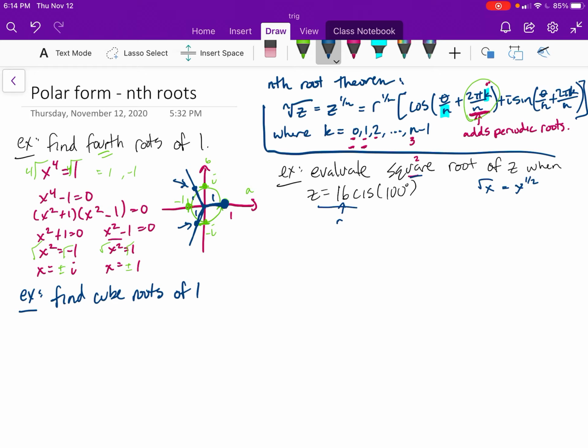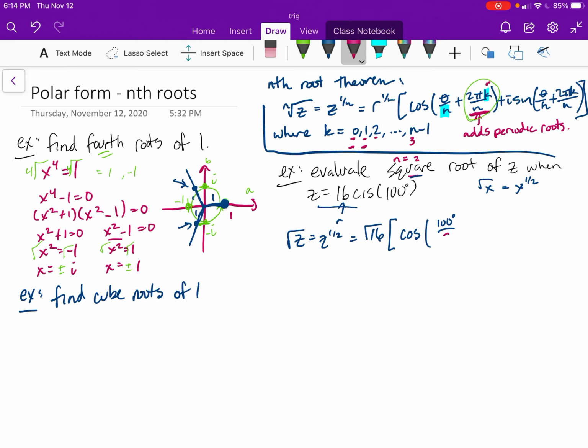So our roots are going to be z, so square root of z, or z to the 1/2 is the same as saying square root of 16 times cosine, so I have 100 degrees divided by, now n is 2 because I'm doing square root, right?